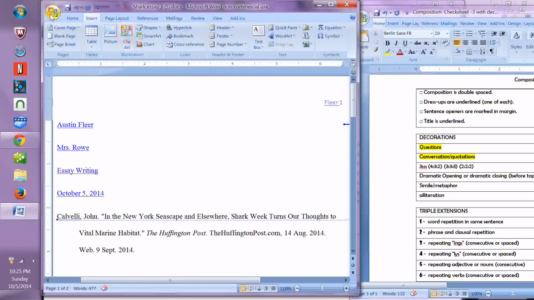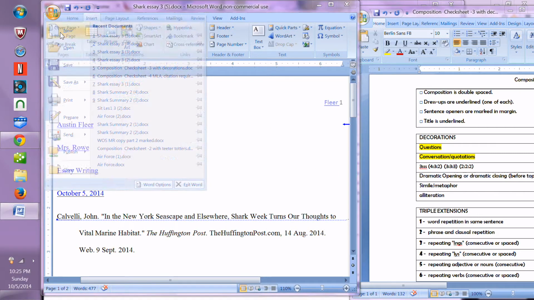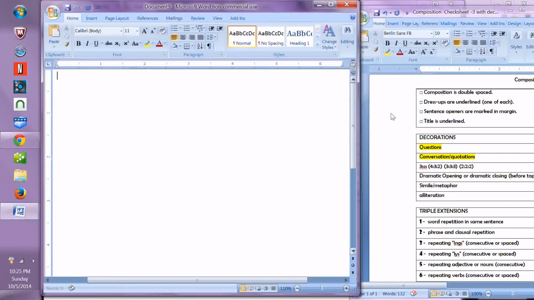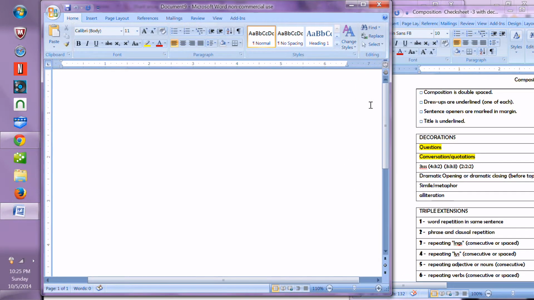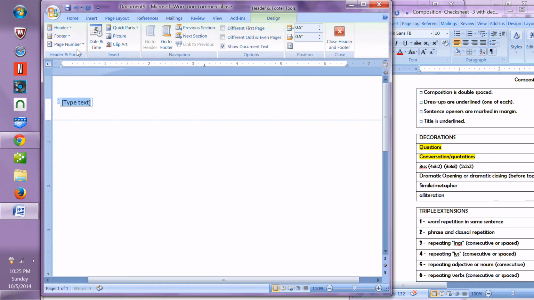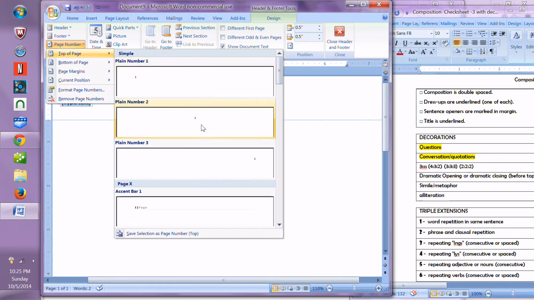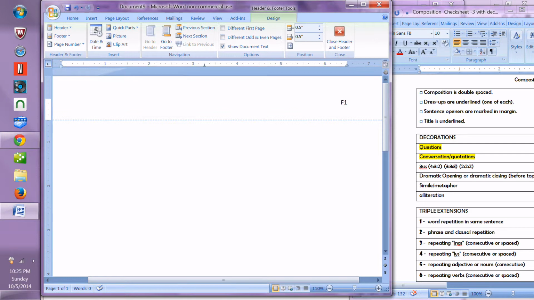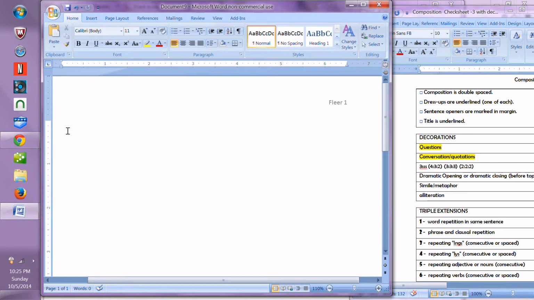And how I want you to do your next summary. I'm going to start a new page here. The first thing, of course, is your header and your page number. And then when you start on this, you're going to put your citation with a hanging indent.